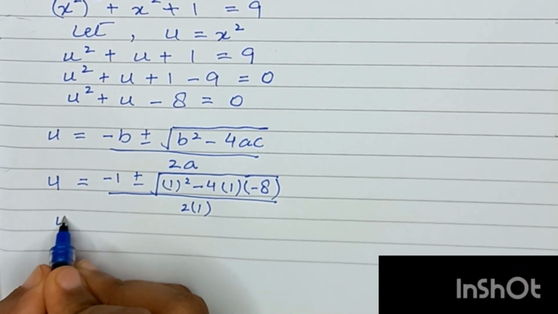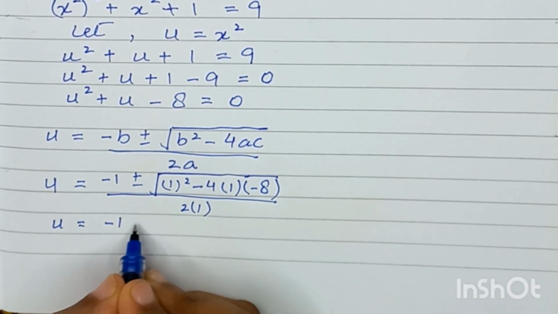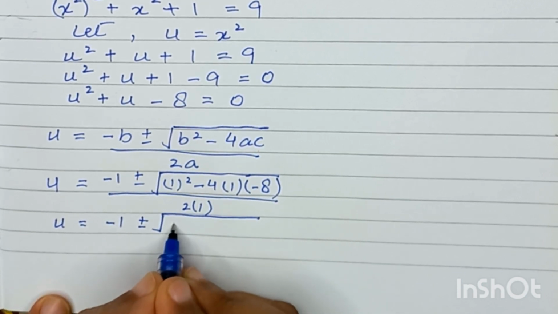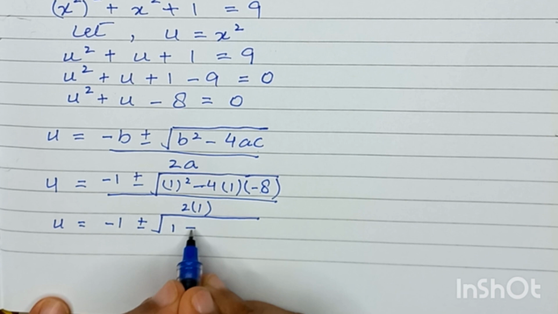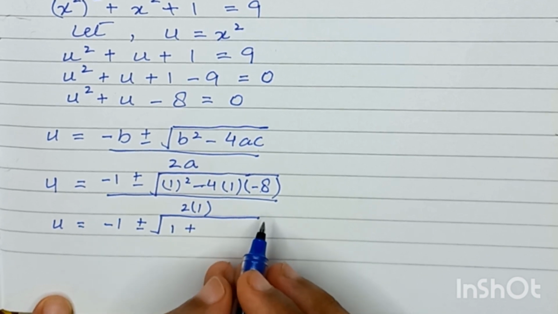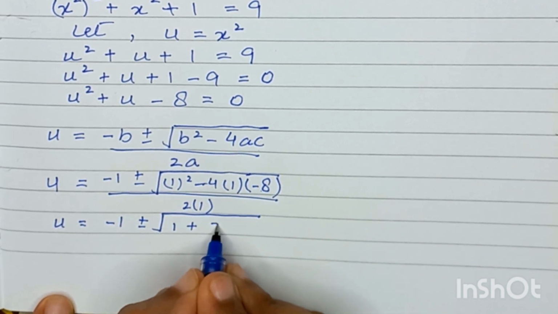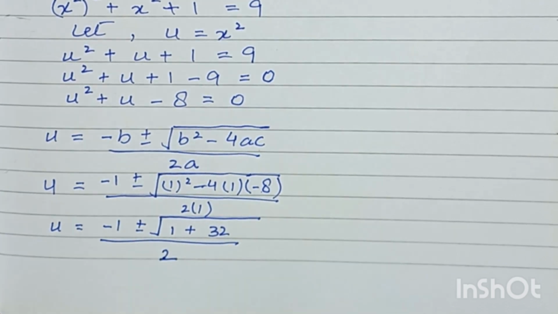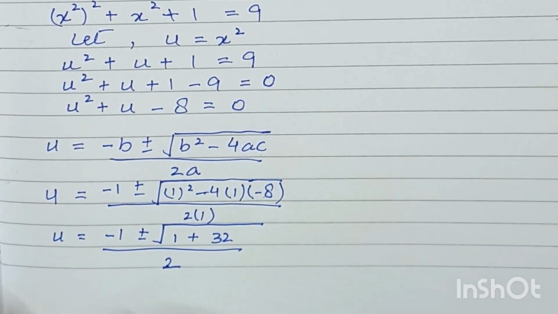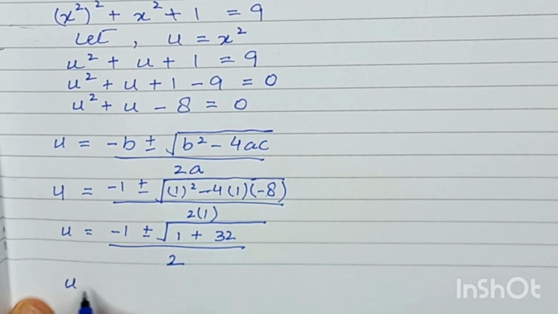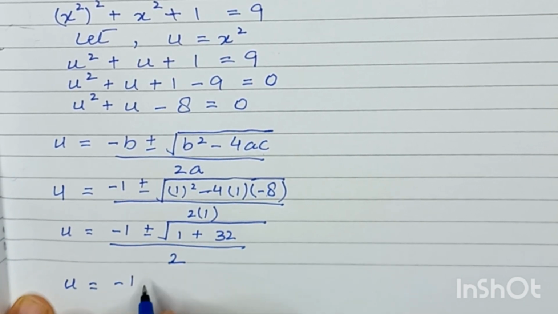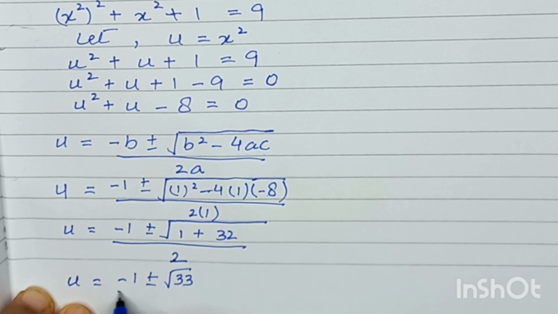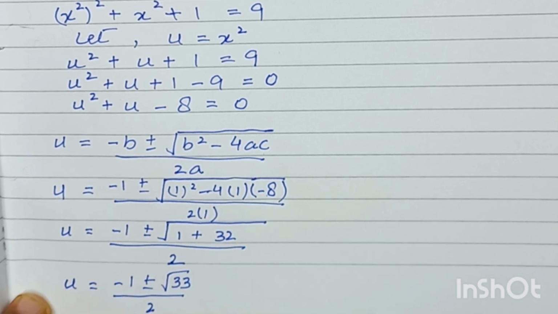So u is equal to minus 1 plus or minus the square root of 1 plus 32, divided by 2. So u equals minus 1 plus or minus the square root of 33, divided by 2.